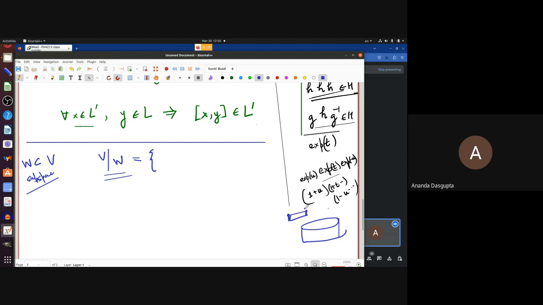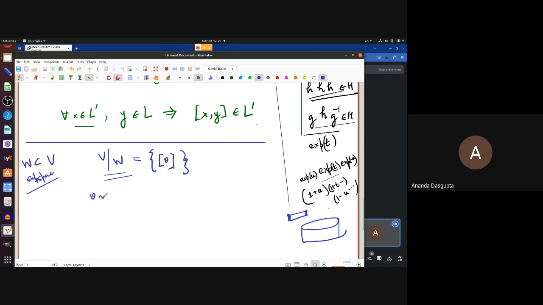When you're saying, I'm going to find a factor group, you essentially treat cosets as elements, which means all the elements of the coset, which are different elements, you are grouping together as a single element. Here also you do the same thing. So this is really a set of equivalence classes. What is the equivalence relation? When you say equivalence class, it means all elements which are equivalent in V put together.